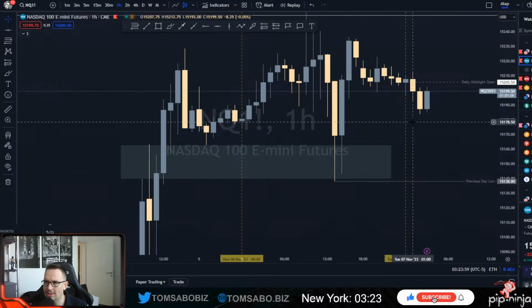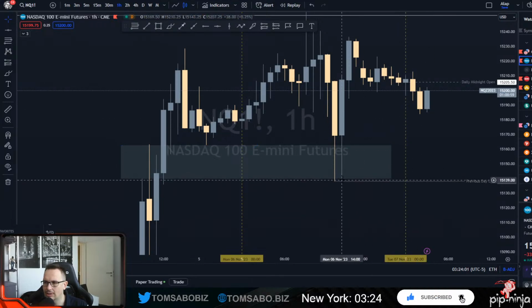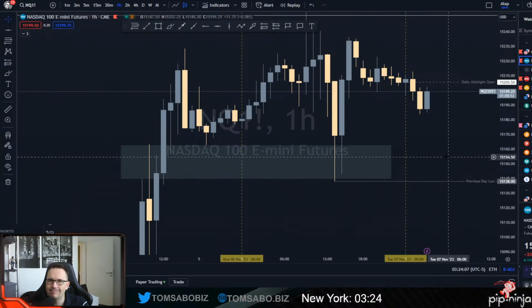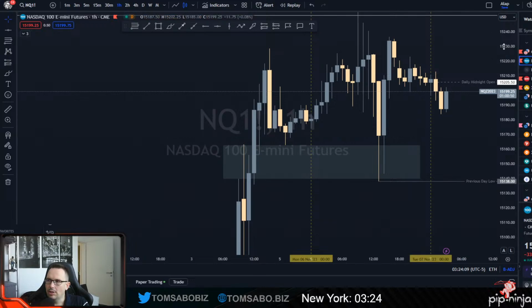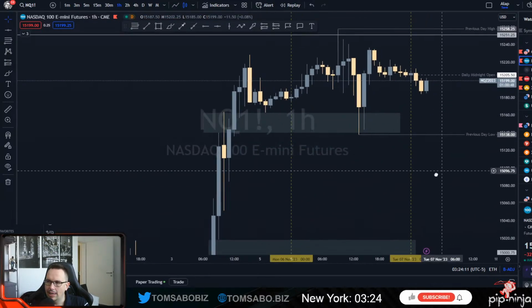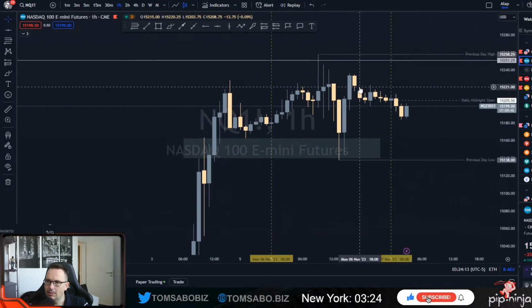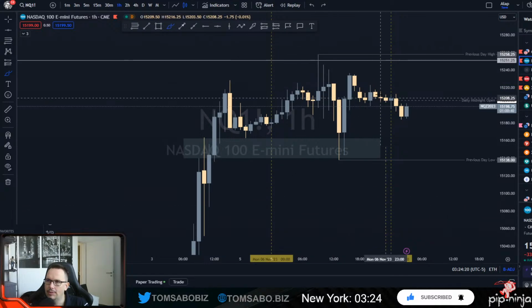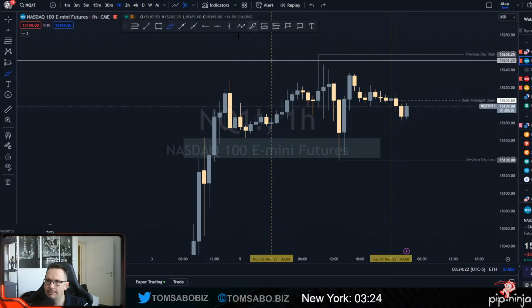I would love to see Nasdaq go down here and take out that low, especially after 7 bullish daily candles. That would be nice. But we have this gap here, so that gives us a little bit of a problem.